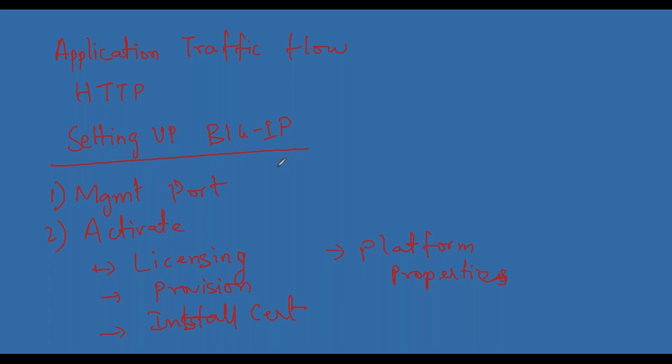And after this, the third step comes as configuring the network part, which involves steps like configuring VLANs, NTP servers, DNS servers, maybe configure HA. So all are different segments in which we set up the initial Big IP appliance.